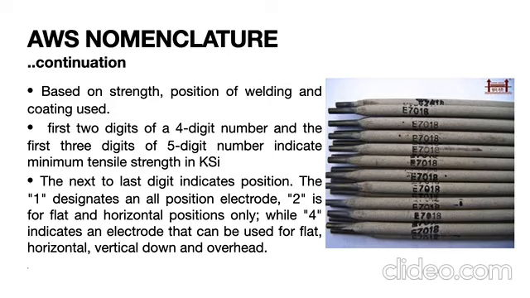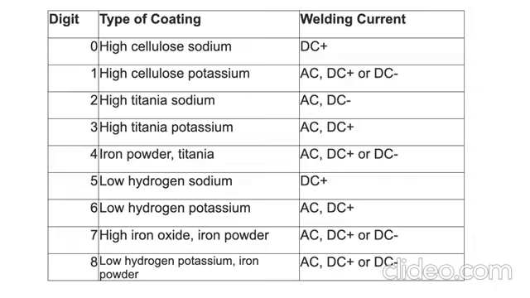The next to last digit, in this case 1, denotes the position of welding that is possible with the electrode. 1 denotes all position welding, and the last character 8 denotes the type of coating.